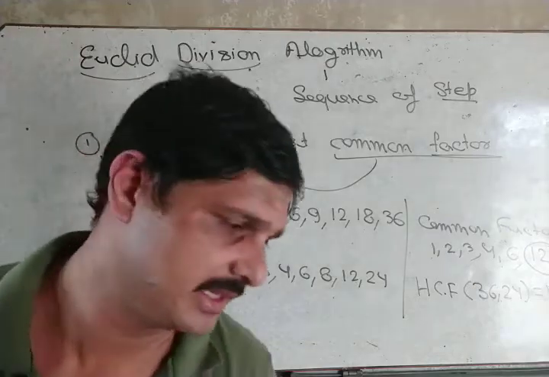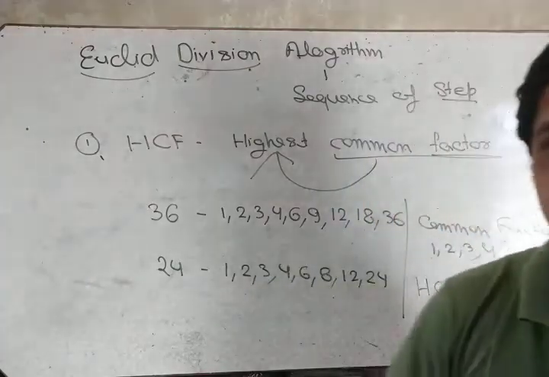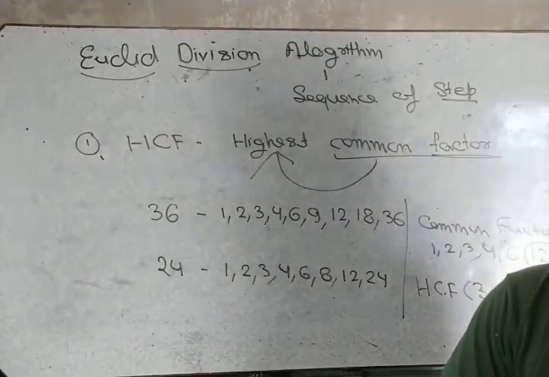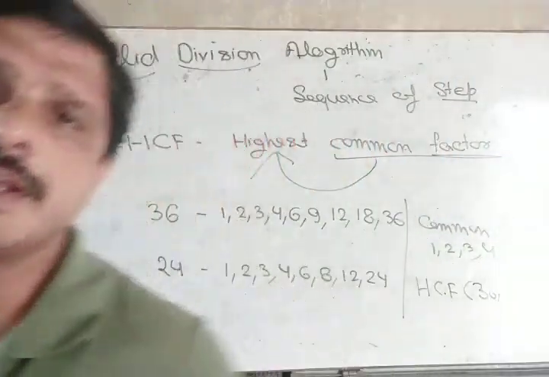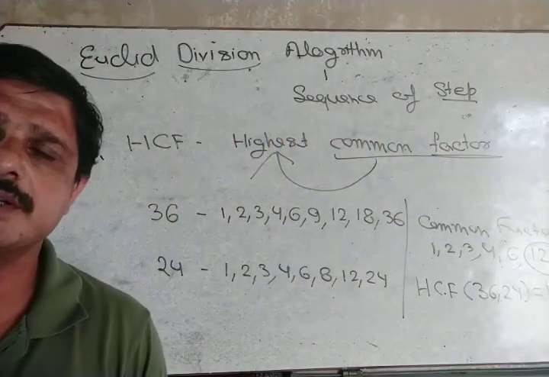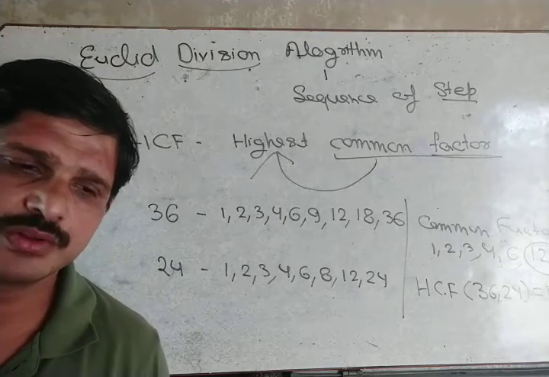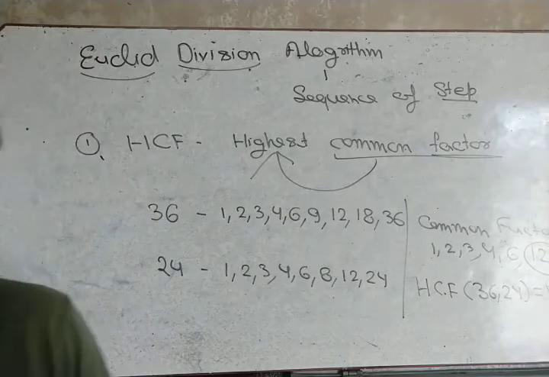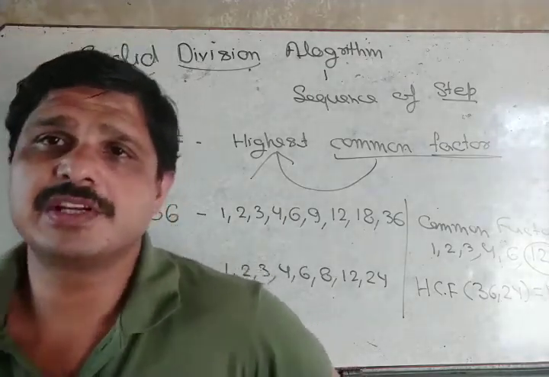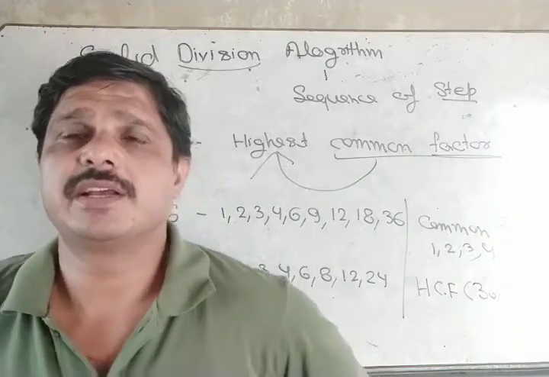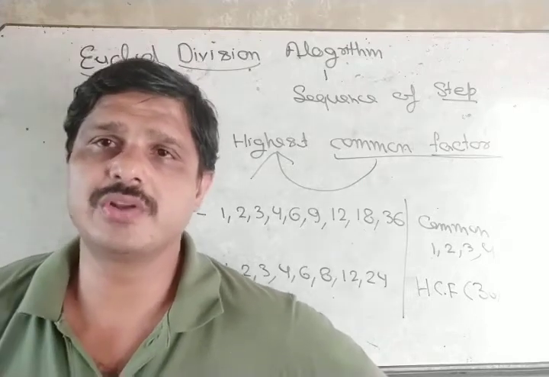But as long as numbers are smaller, we can very comfortably find the HCF. However, if the value of the number gets larger, we feel some problem, because if we take very big numbers, bigger than 1000 or 2000, it is sometimes difficult to find factors quickly.